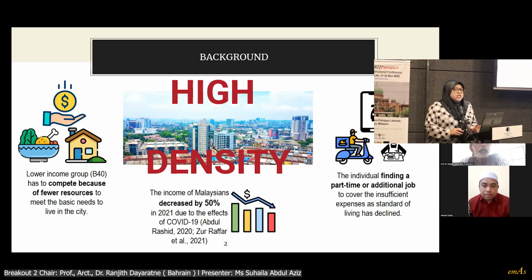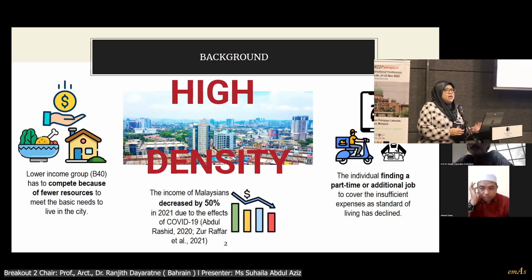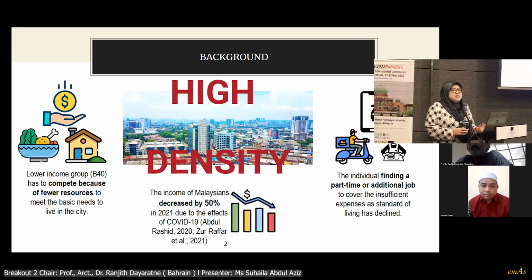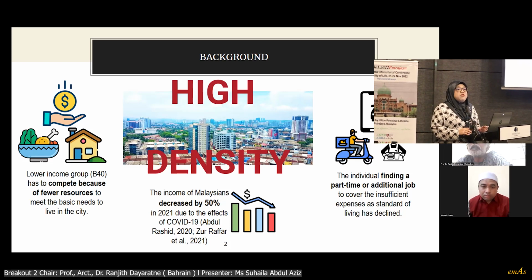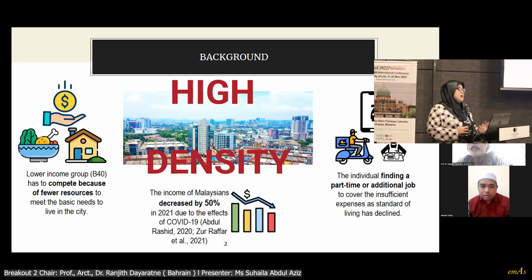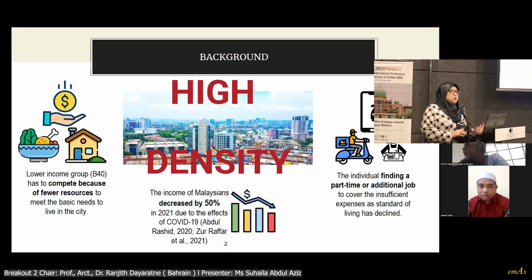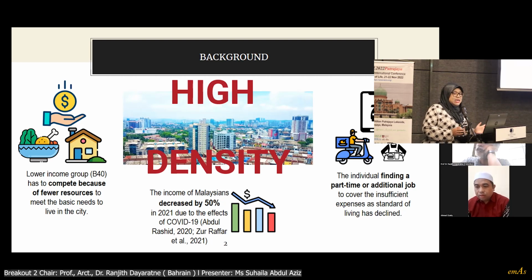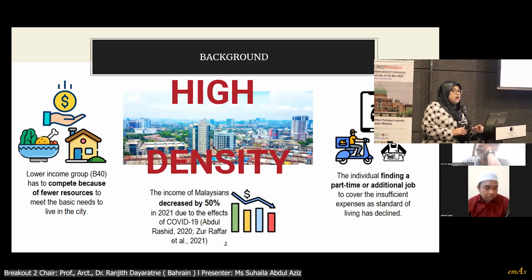According to a research, due to COVID-19, the income of Malaysians actually decreased by 50%. This really affects those who come from lower income families because they need this money to survive, especially in the very big city, which is Klang Valley itself.